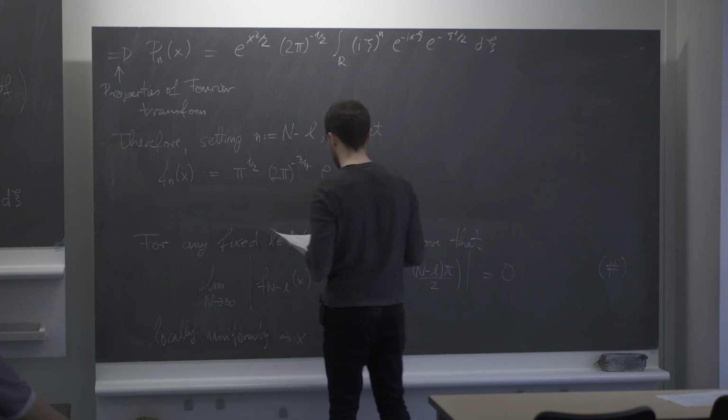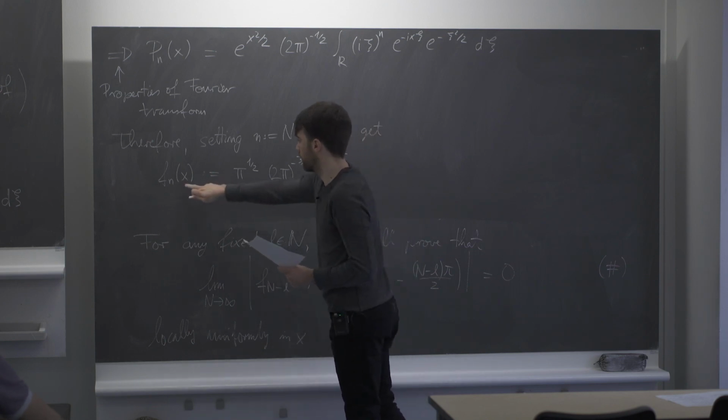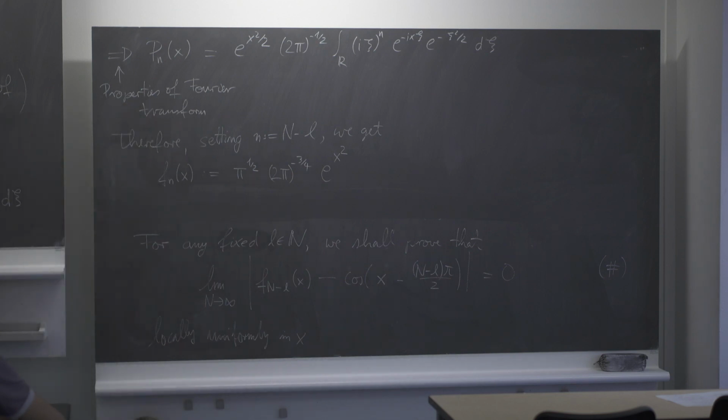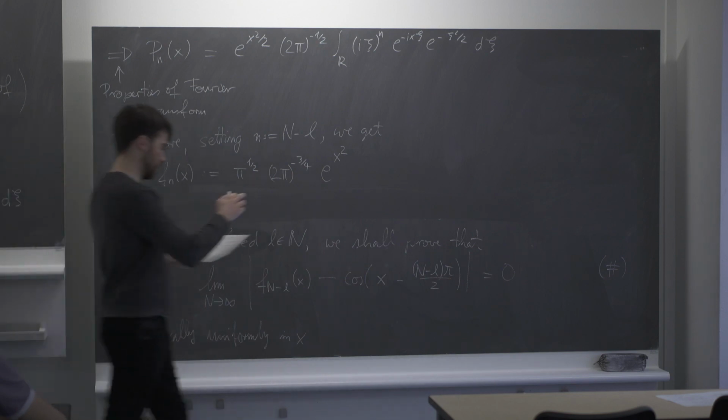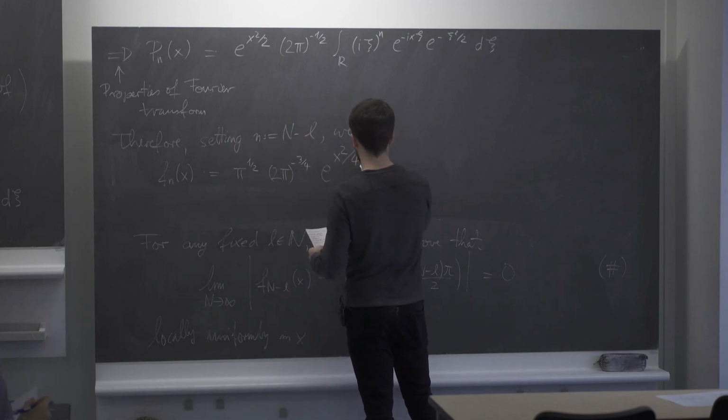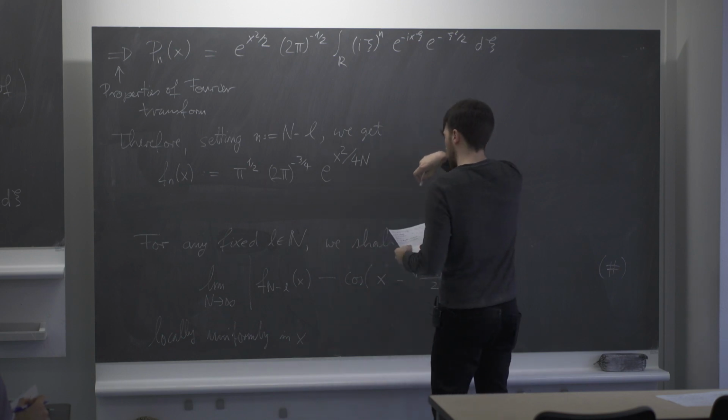Then exponentially, you have to recall the Fn of x had the Pn of x over square root n. So here I get an x^2 over 4n, I think.